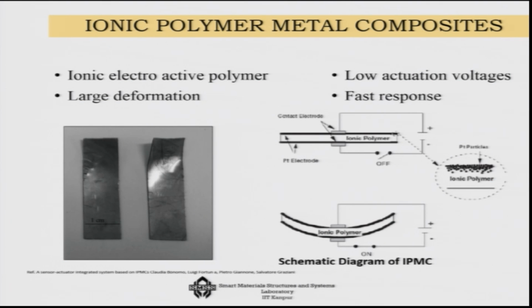If you look at an IPMC composite, you can see in this particular IPMC system how bending takes place as I apply the voltage, and this is in reality how you will get it in Nafion or similar IPMC systems.